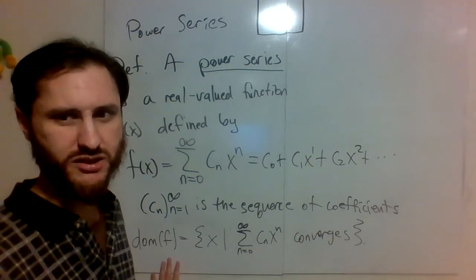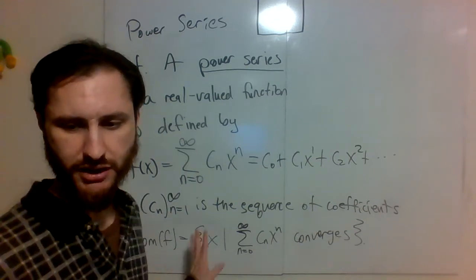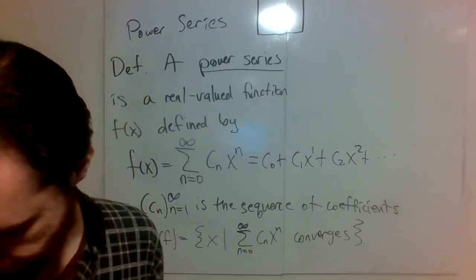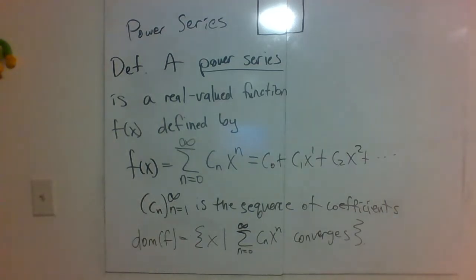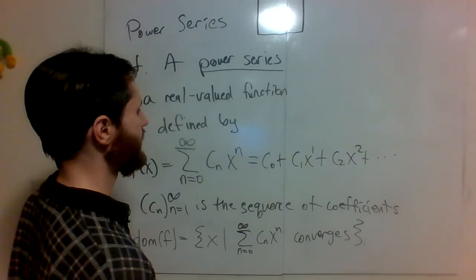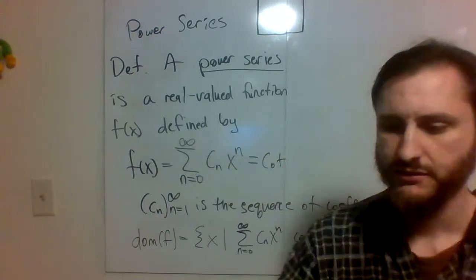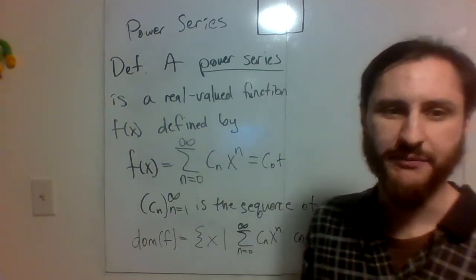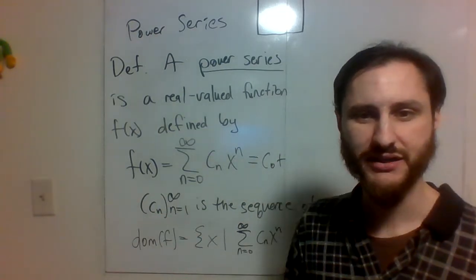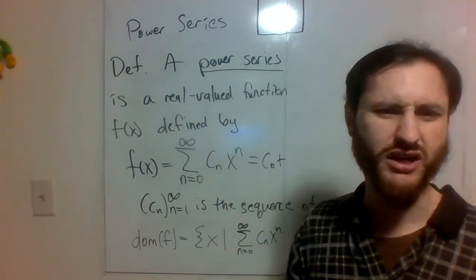So I'm going to do a quick example to get this under our belts. An easy example is what I started to mention a minute ago. What if the coefficients were all just 1?